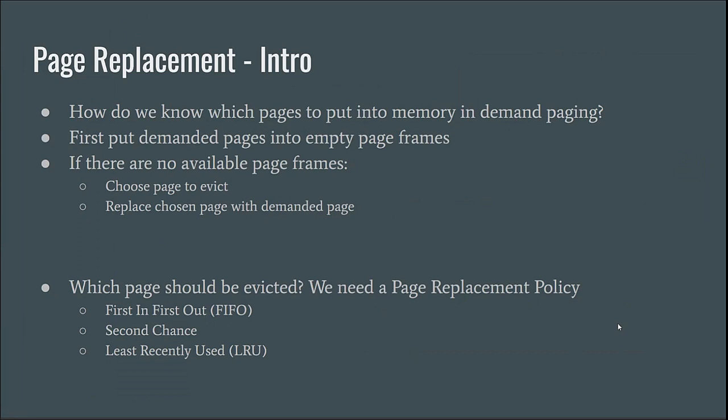Now we have to choose which pages to evict, or remove, and then replace that chosen page with the demanded page. The question of which page should be evicted falls to the page replacement policies. We have three of them that we go over: first in, first out, FIFO, second chance, and least recently used, or LRU.